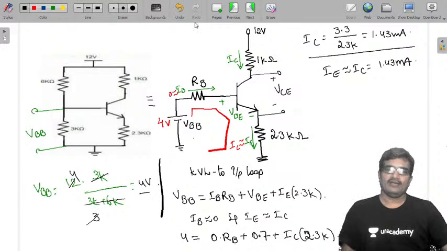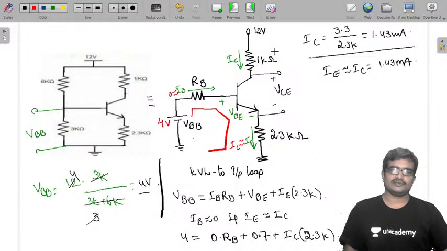Now I am going to apply KVL to the output loop to calculate VCE.